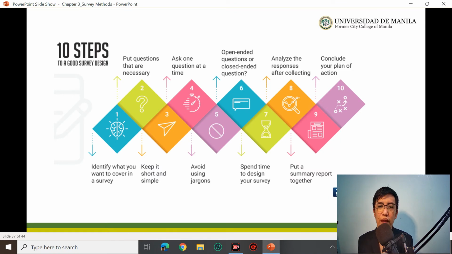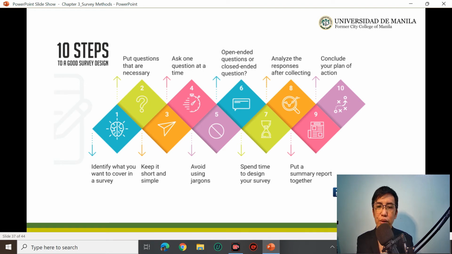Ganon. Avoid using jargons. Ano yung jargons? Iwasan daw yung paggamit ng mga highfalutin, yung mga masyadong malalalim na words, especially yung mga technical terms. Okay? Especially if ang mga pinagbibigyan nyo ng questionnaire yung mga parents na hindi naman nakapagtapos ng pag-aaral o kaya mga estudyante. Okay? And you need to identify if the questions are open-ended or closed-ended. Lalagay nyo sa questionnaire ninyo. Or pwedeng both. Dalawa. Pwede naman.